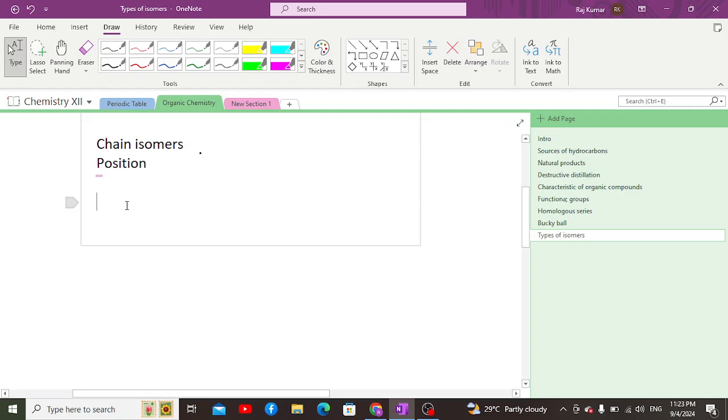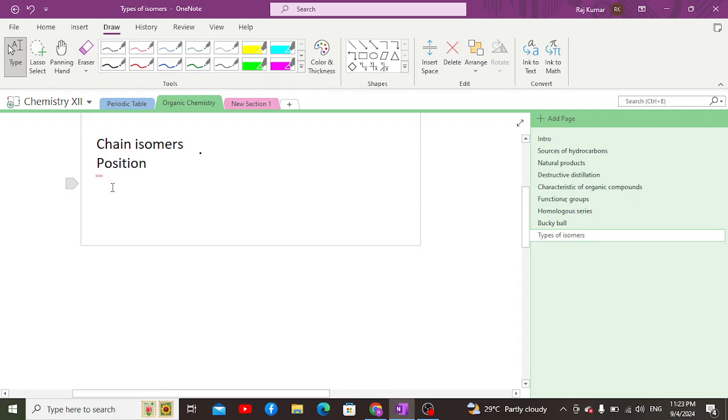Chloropentane has two isomers on the basis of position: 1-chloropentane and 2-chloropentane. In 1-chloropentane, the chlorine, being the functional group, is present on the first carbon, and in 2-chloropentane, it is present on the second carbon.